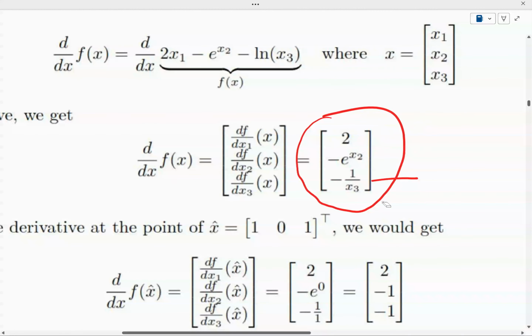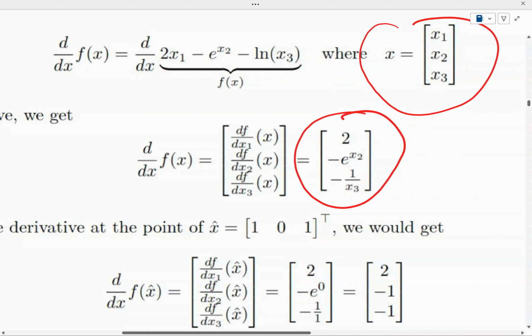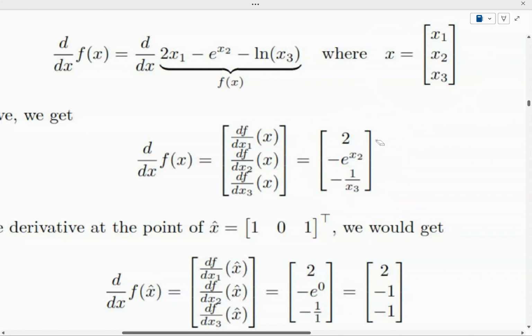And then given these three functions, you can essentially at any given point of x1, x2, x3, pick any x1, x2, x3 and plug it into these functions. If you plug this into this vector, then you're going to get three numbers.